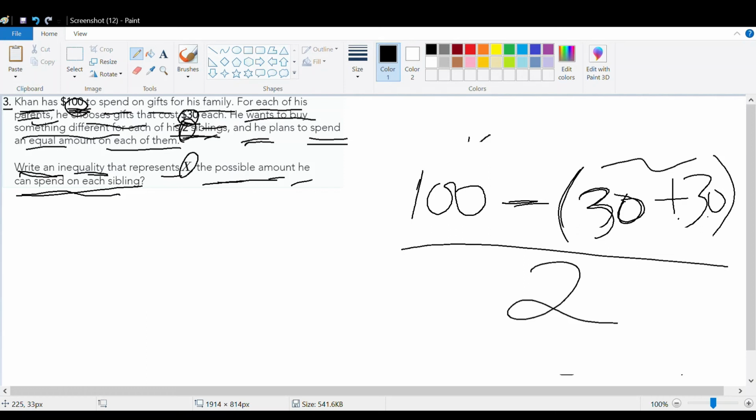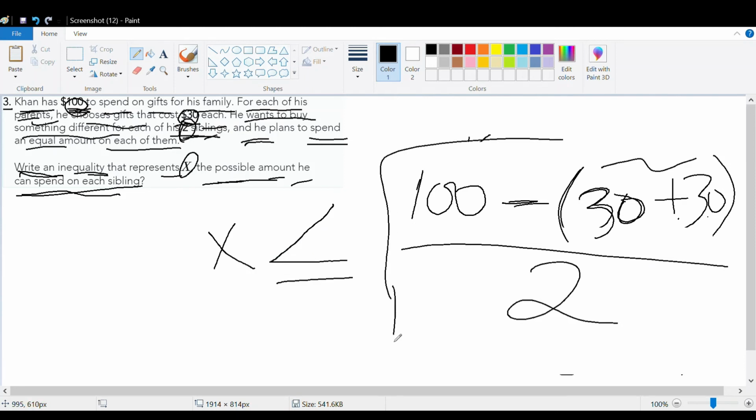So that means x must be less than or equal to this right here. Because, as we know, x represents the possible amount he can spend on each sibling. And the possible amount, as we said, was $20.